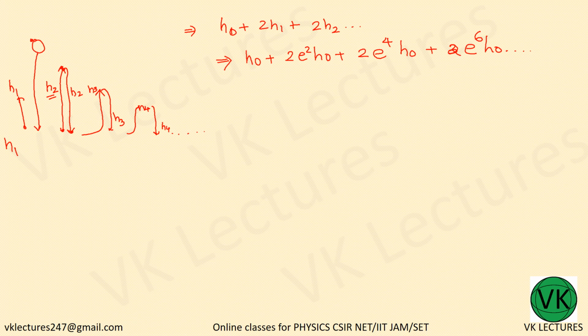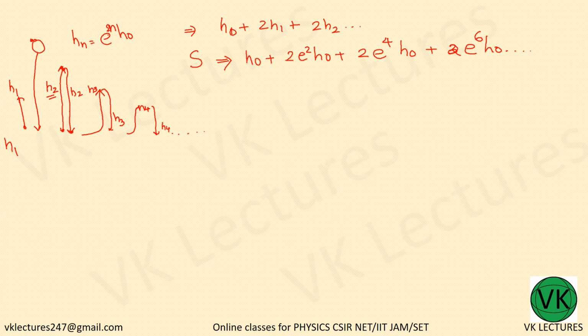So in general you can write hn is equal to e to the power 2n h naught. So this is the sum. We are asked to find out the total distance sum.